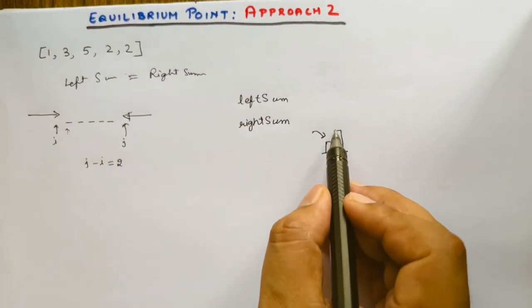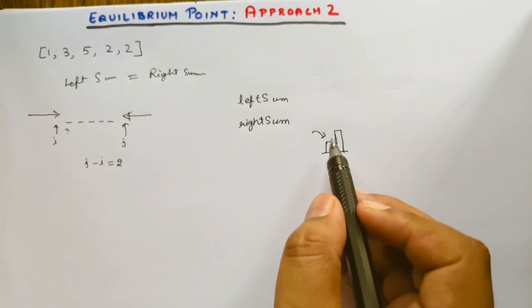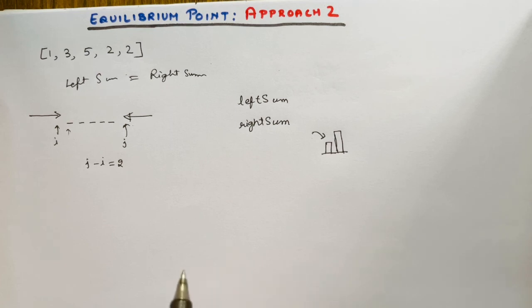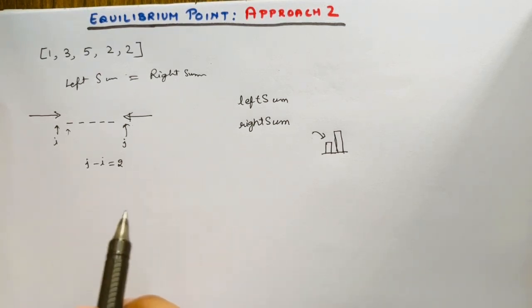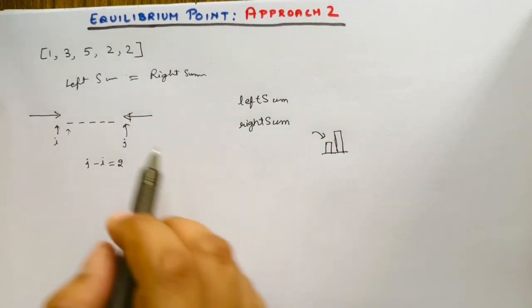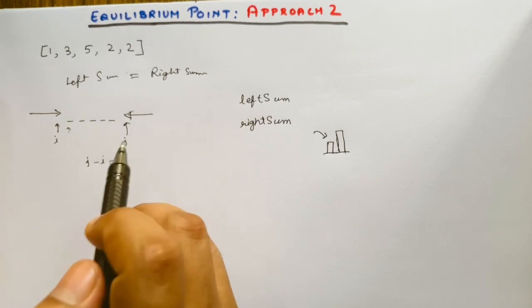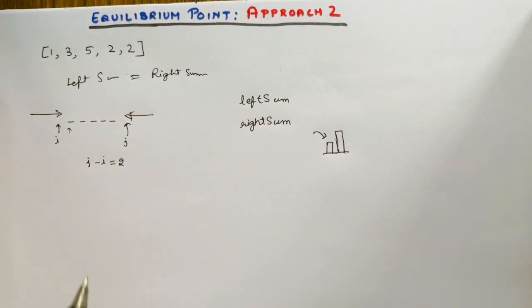If we are adding element to the right in this case, then it is of no use, because right sum is already greater. Therefore, in every iteration we will add the element from the side whose sum is currently lesser, and we hope that we reach this condition: left sum is equal to right sum and j minus i is equal to 2. If we meet these two conditions, we will get our equilibrium point.